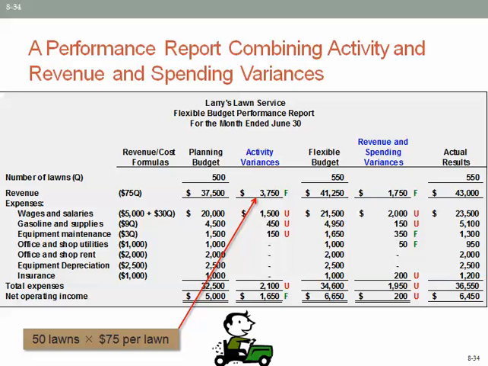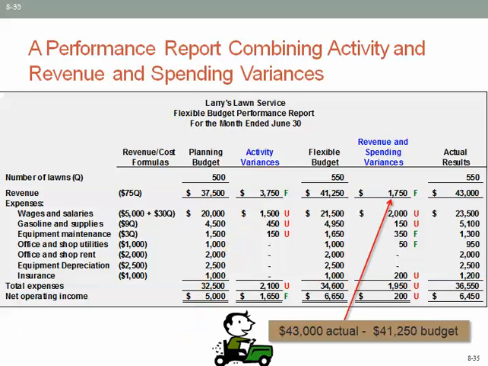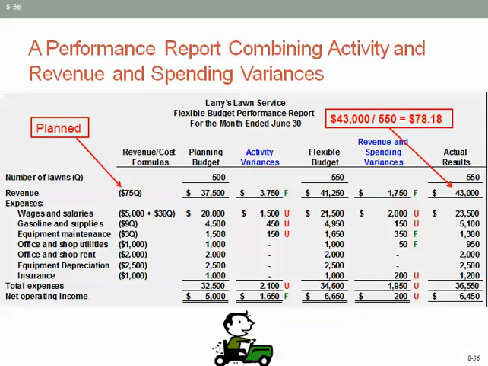The $3,750 activity variance is simply the 50 additional lawns multiplied by $75 per lawn. Our revenue variance is simply the difference between our actual revenues of $43,000 and our flexible budget amount of $41,250. And it's a favorable variance because our actual results are higher than our flexible budget amounts.